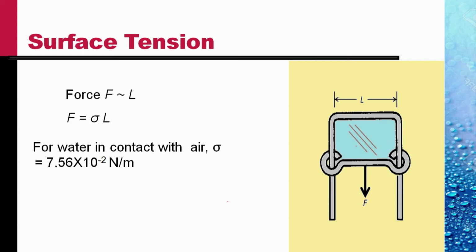For water in contact with air, the value of sigma, the surface tension, is 7.56 times 10 raised to the power minus 2 Newton per meter. It is a very small quantity, but can become significant in many cases, two of which we have already discussed.